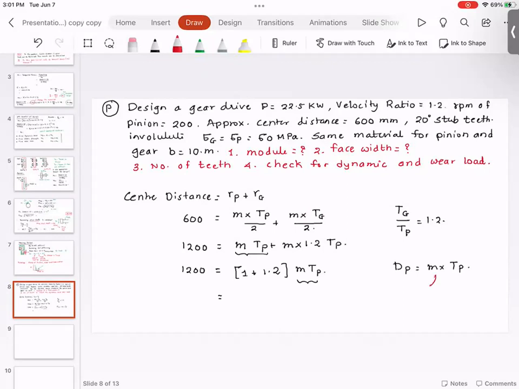Where m is the module, number of teeth. So 2.2 dp. So we got dp is equal to 400.